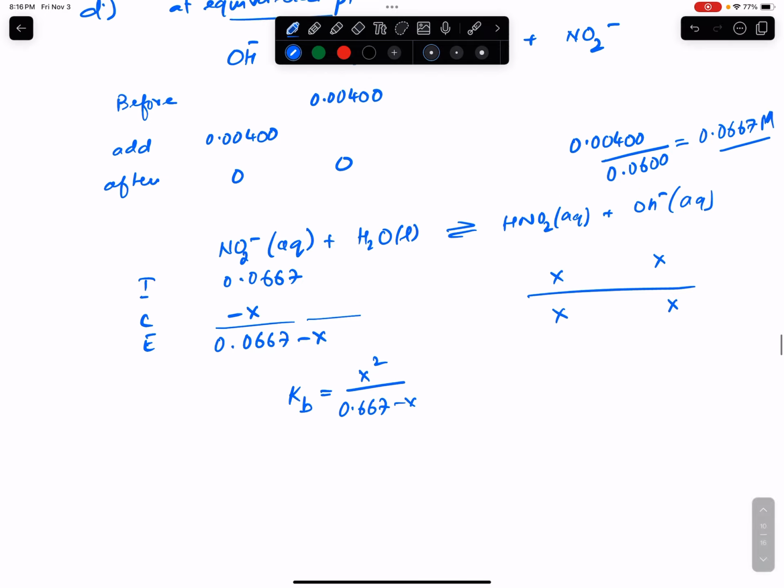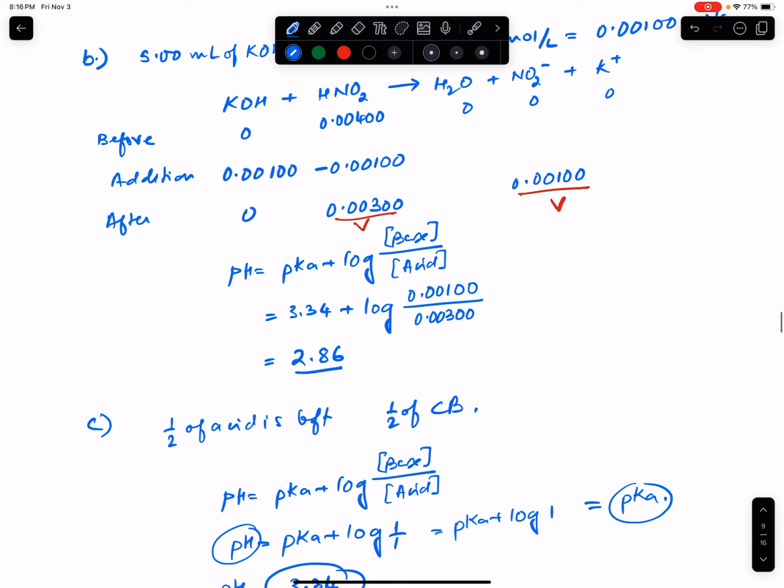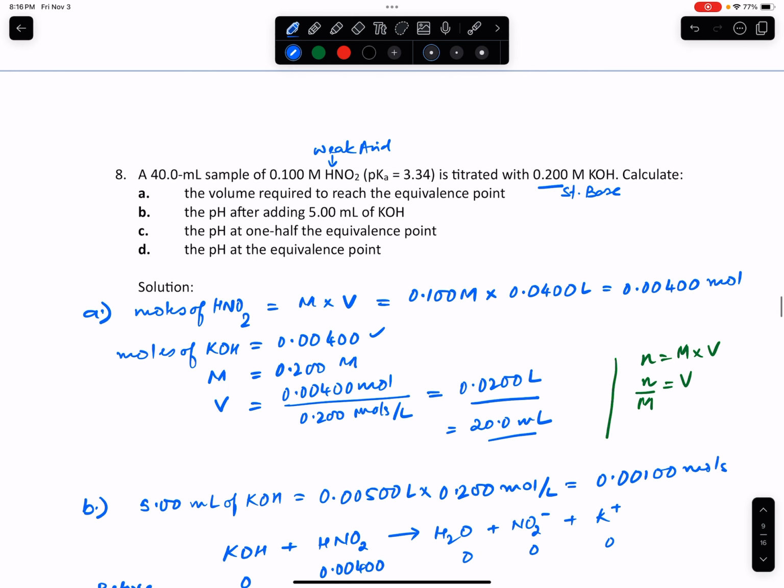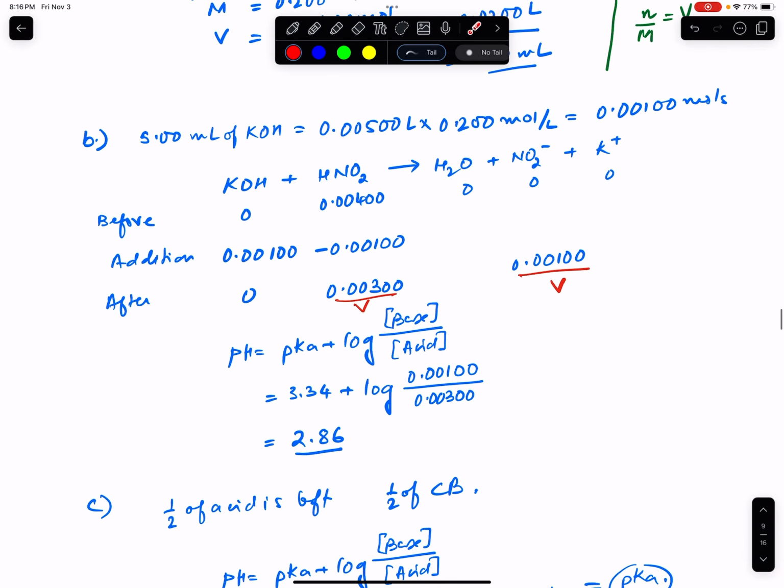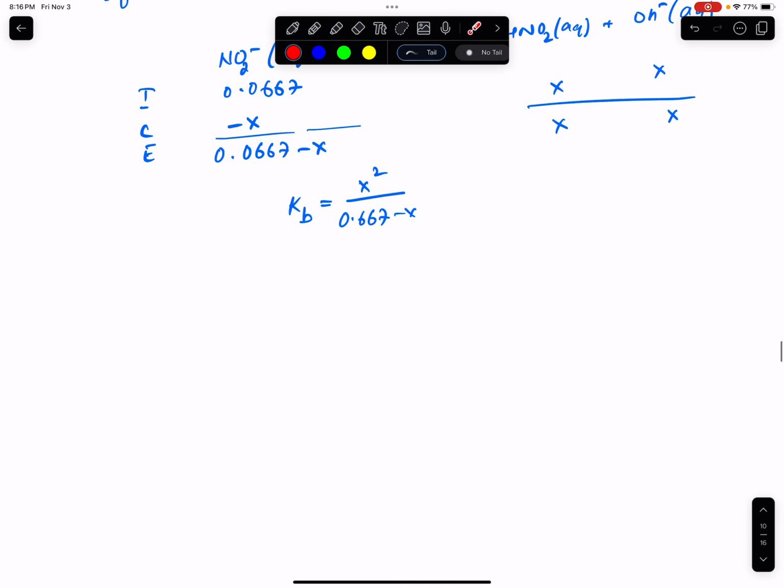But the Kb is not given to us. Let's take a look at what is given to us. What is given to us is the pKa. What that means is we can use the pKa to solve for the Ka, and then use the Ka to solve for the Kb. That's one way to do it. Another way, since the pKa is given to us, is to use the relationship pKa plus pKb is equal to 14.00.